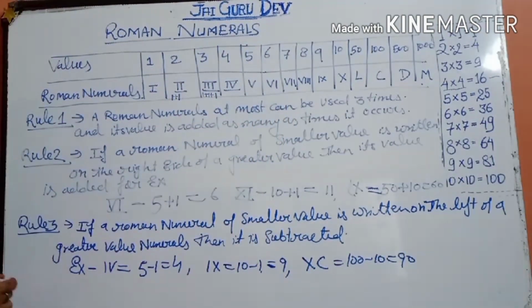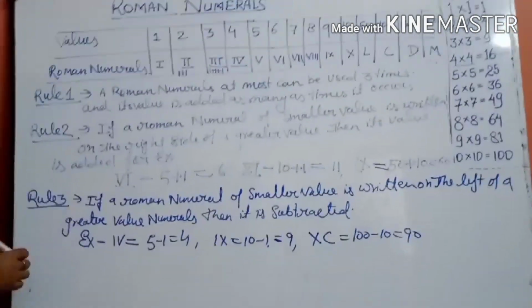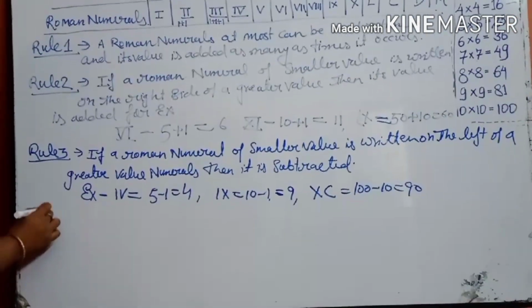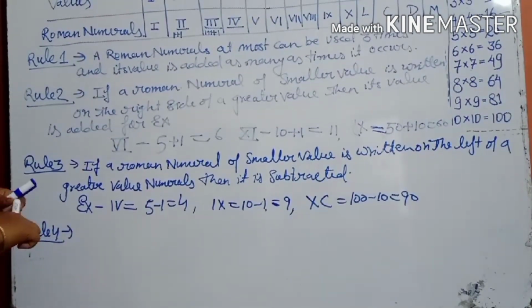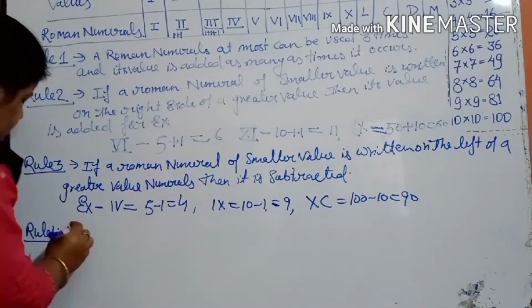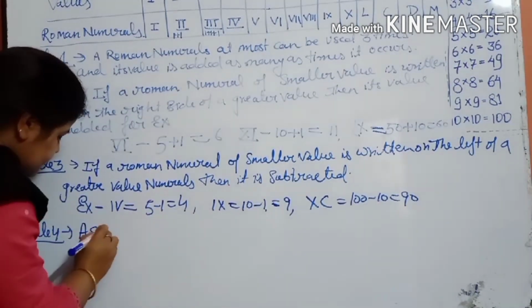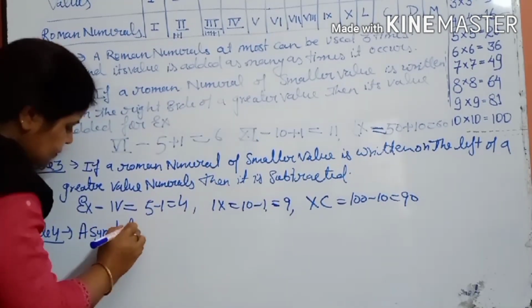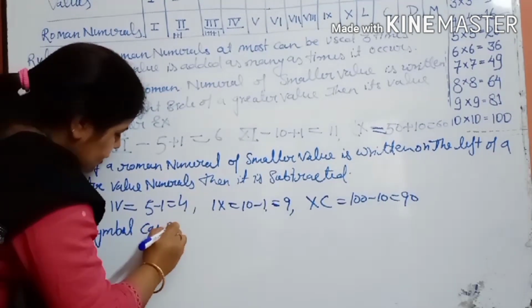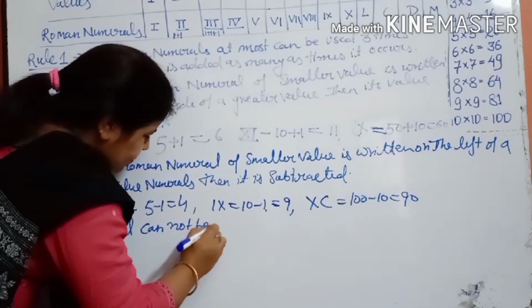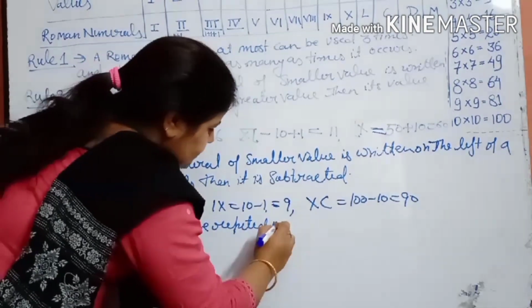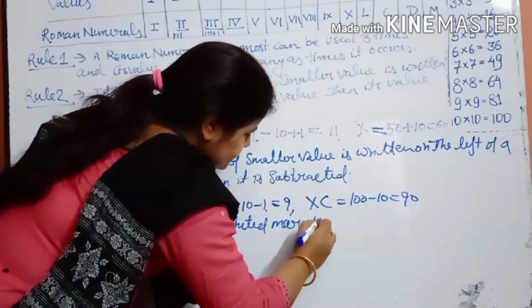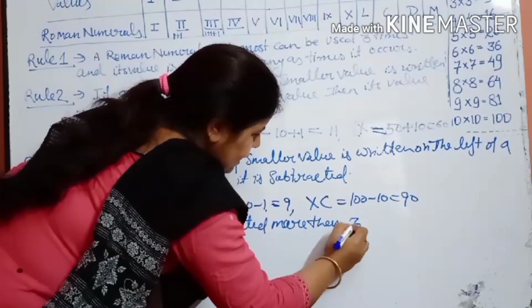And rule 4 is there. Rule 4: a symbol cannot be repeated more than 3 times.